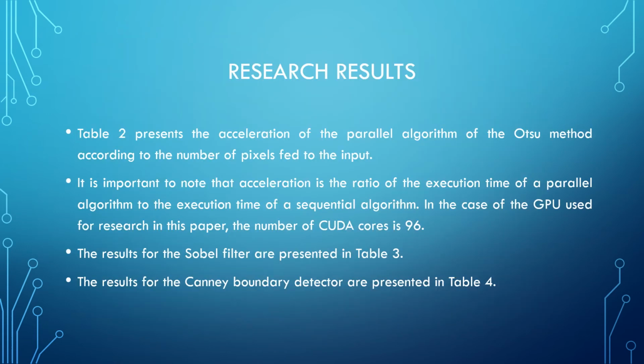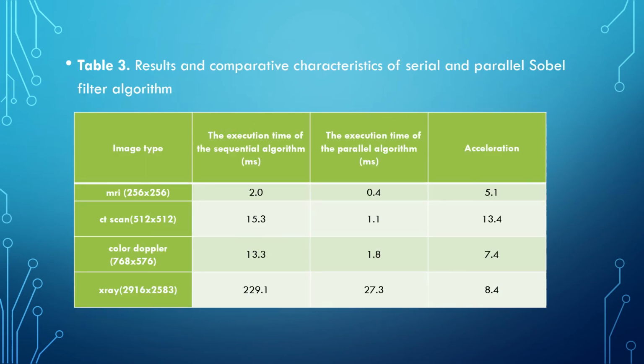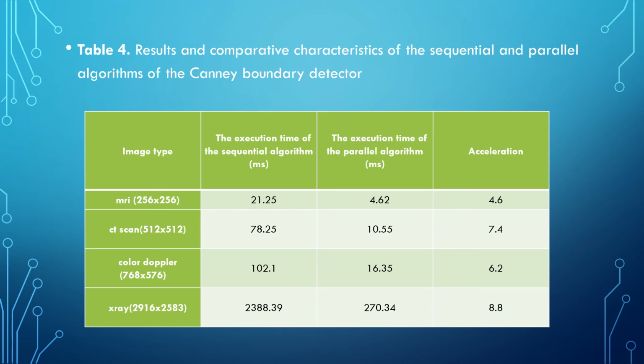Table 2 presents the results and comparative characteristics of serial and parallel Otsu algorithm. Table 3 presents results and comparative characteristics of serial and parallel Sobel filter algorithm. Table 4 presents the results and comparative characteristics of the sequential and parallel algorithm of the Canny boundary detector.